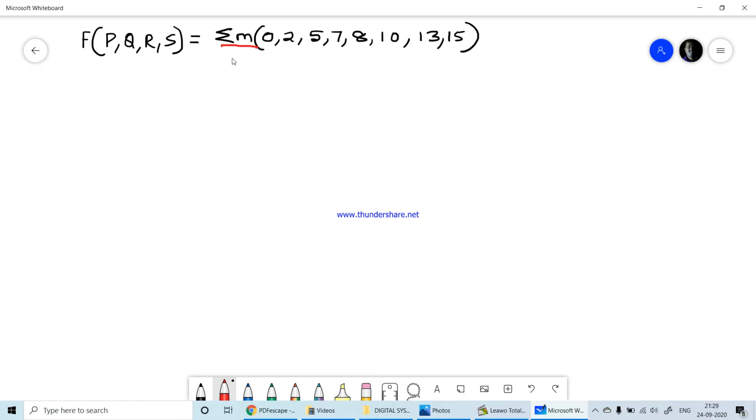Before solving this problem, we need to know two concepts: one is prime implicants, and the other is essential prime implicants.